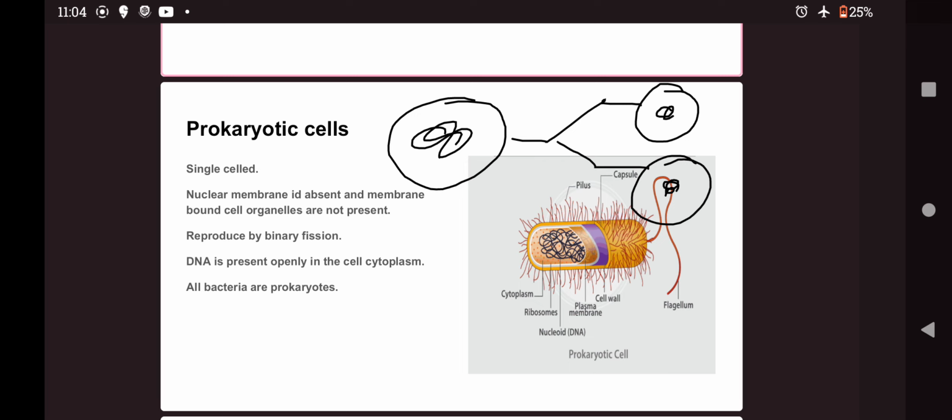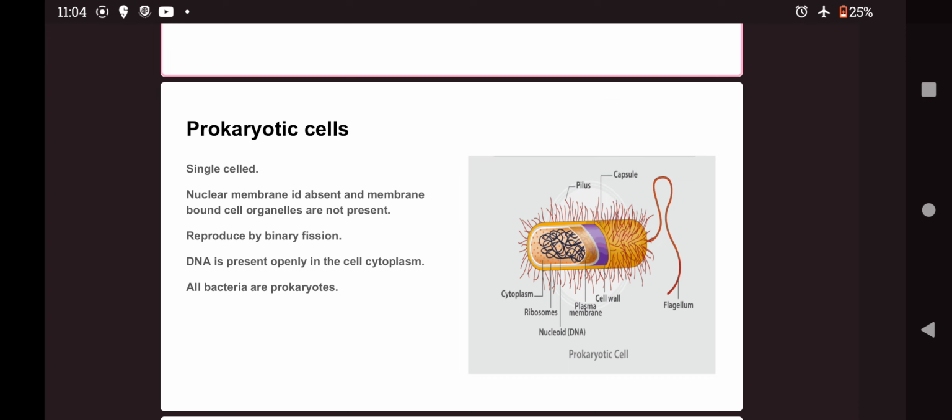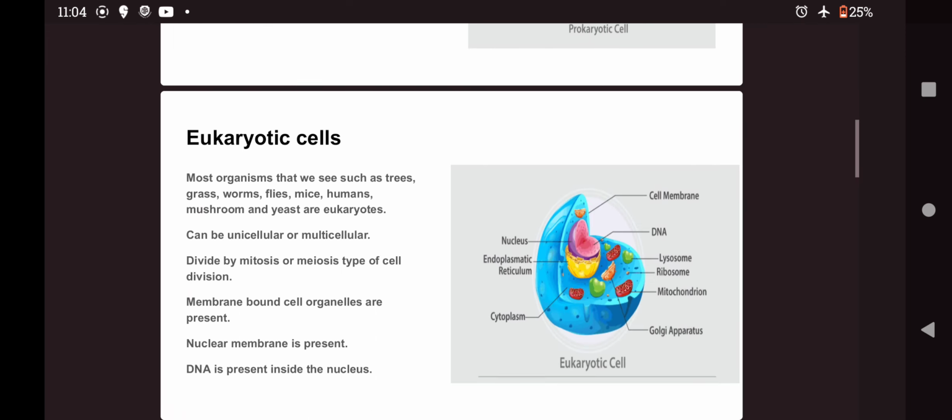DNA is directly present in the cell cytoplasm, and an example is that all bacteria are prokaryotic cells. And apart from this, various cell organelles are also absent in the prokaryotic cell, which we will see further in this topic. Now the next one is eukaryotic cell.